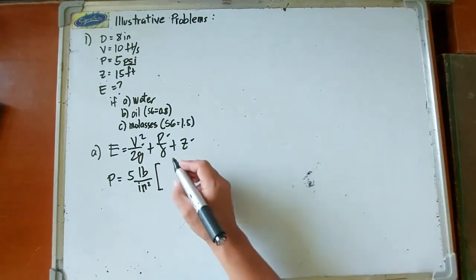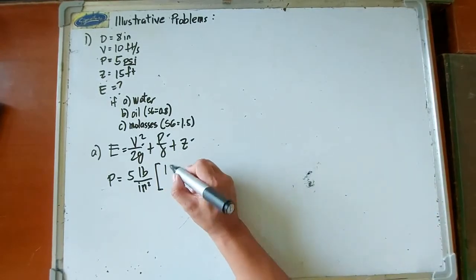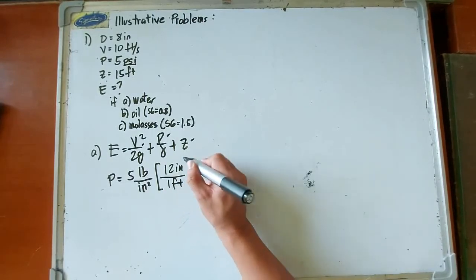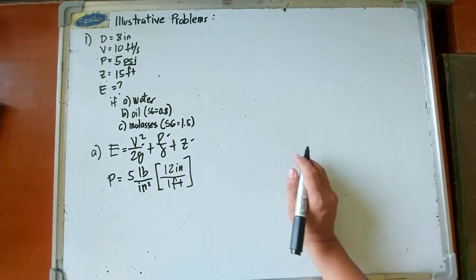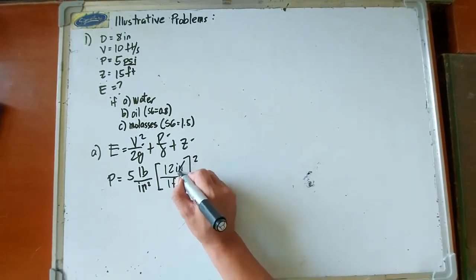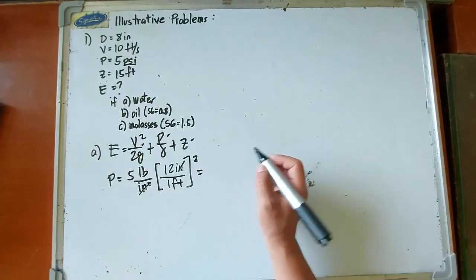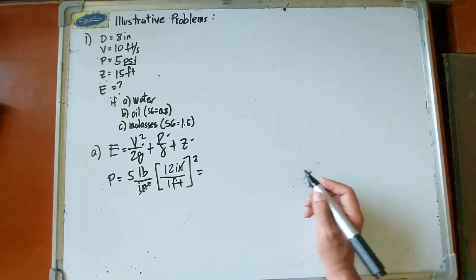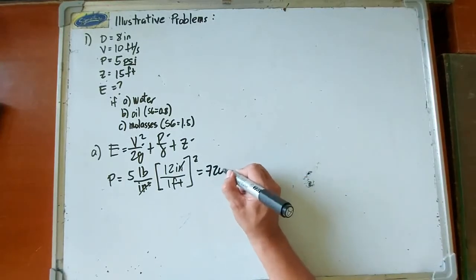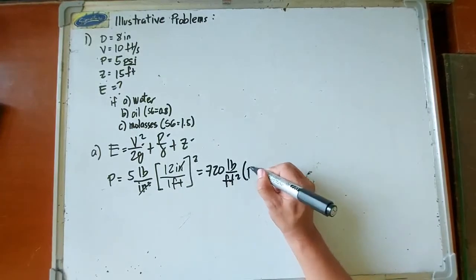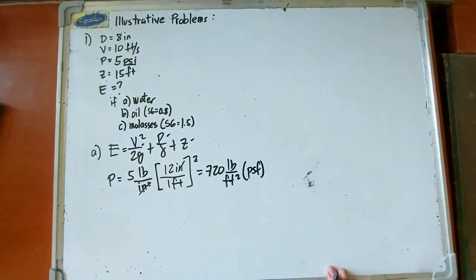We have 12 inches in 1 foot. Since it's a squared quantity, we square it, so the inches cancel. Okay, so we're left with the equivalent pressure of 720 pounds per square foot, or that is in psf.